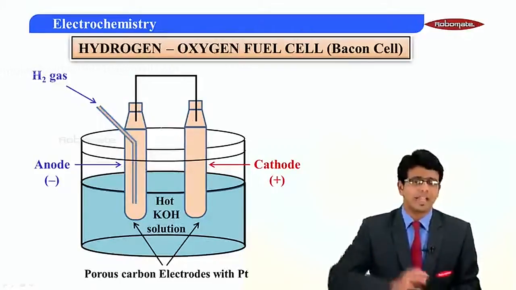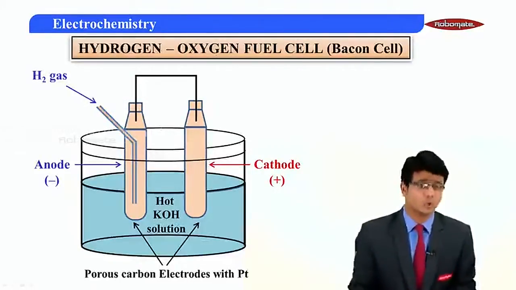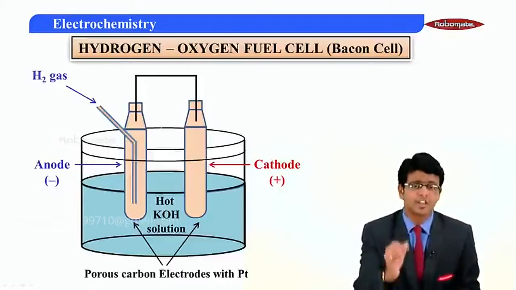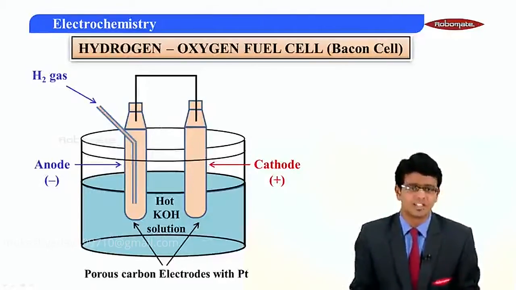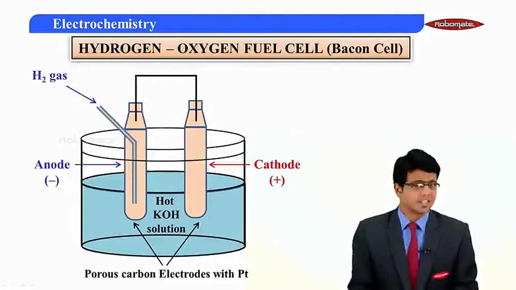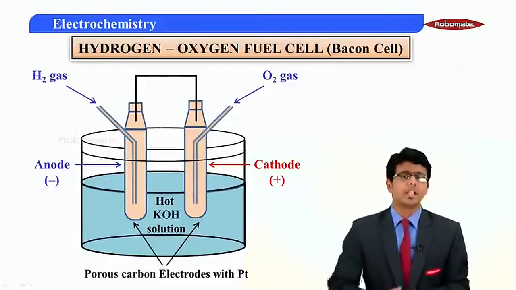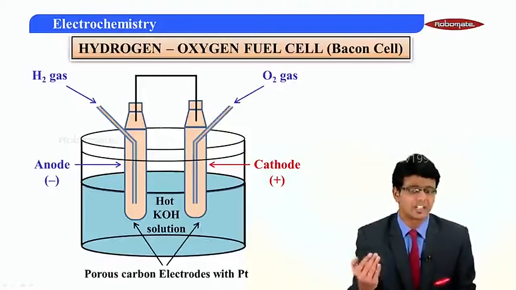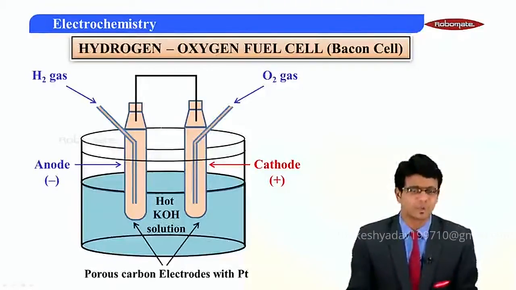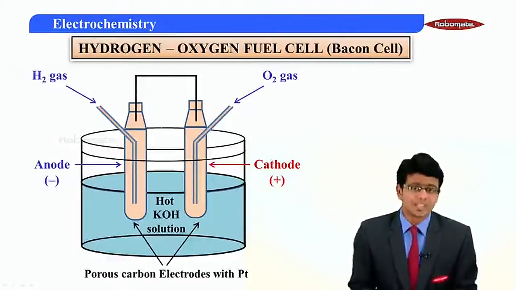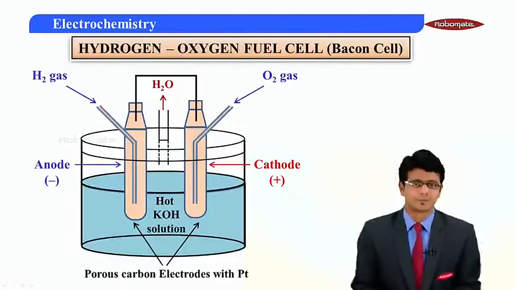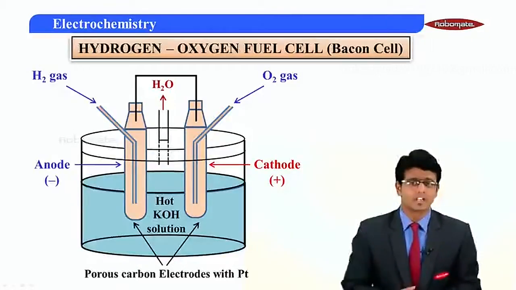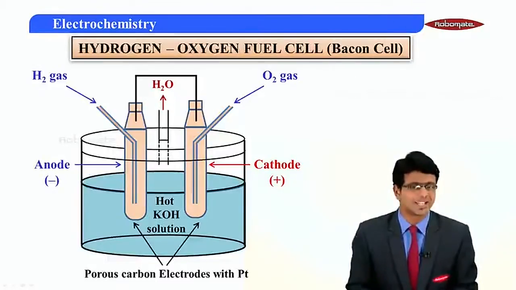At anode you have hydrogen gas, because hydrogen here is used as a fuel and it gets oxidized. At cathode you have the inlet for oxygen gas, because it is used as oxidizing agent, precisely getting reduced. There is also the outlet for water vapors. So that is the simple construction of hydrogen oxygen fuel cell.